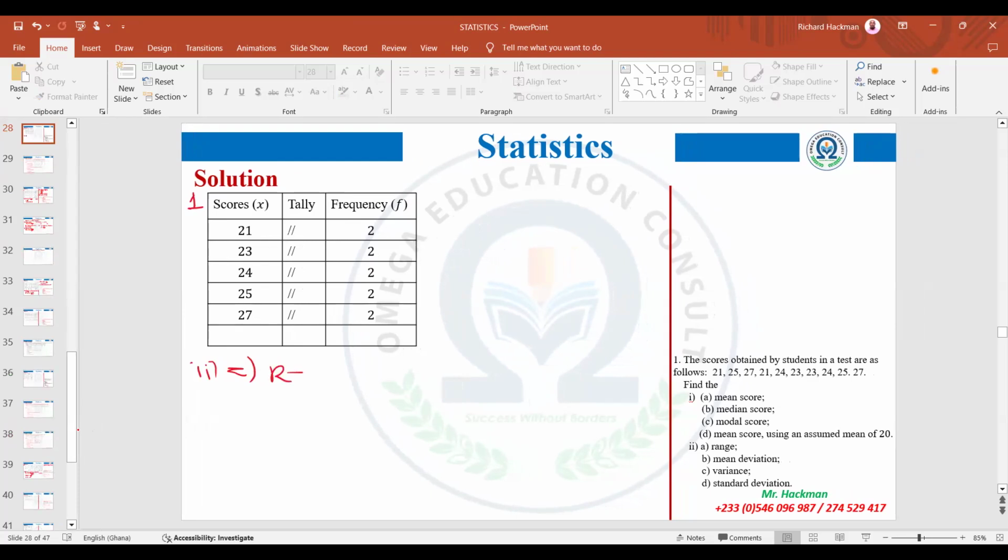So the range we know, so I can draw my conclusion straight away. The range will be equal to the largest observation minus the smallest observation. Is that not it?